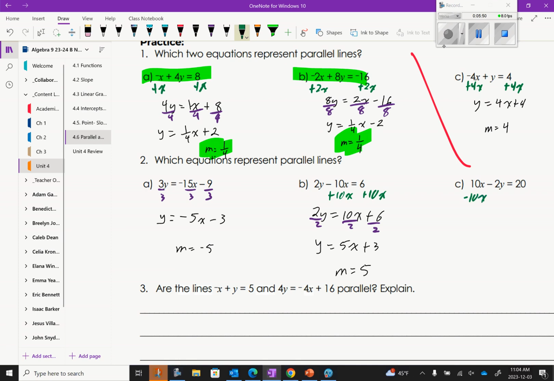I'm going to subtract 10x from both sides. -2y is equal to -10x plus 20. Now I have to divide all three of these terms by -2.